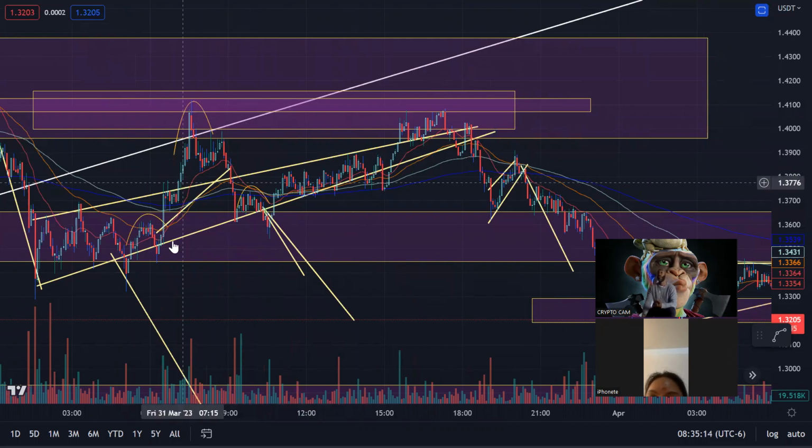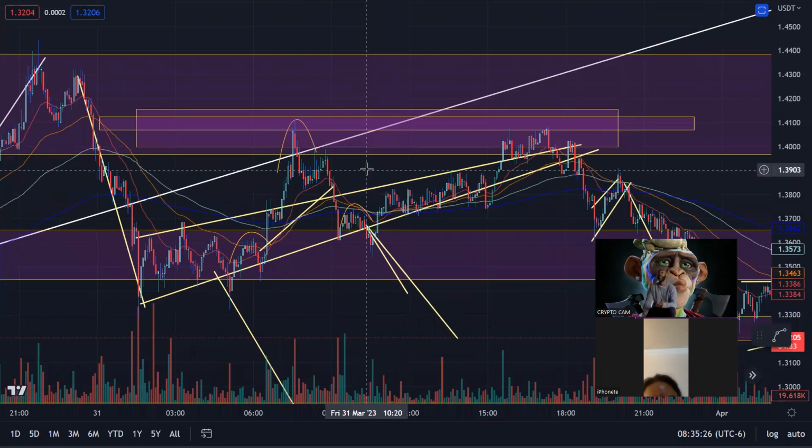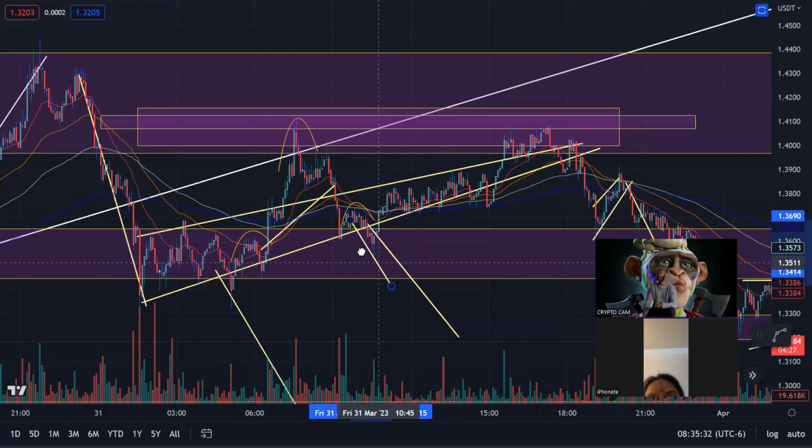Now, when you figure out what a pattern is, you want to figure out where price is going to go based upon that pattern, right? So yeah, now I know it's a head and shoulders pattern, but what is price going to do? So what you're going to do is take a trend line.